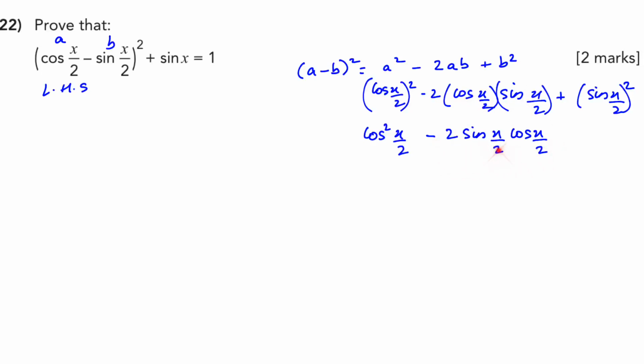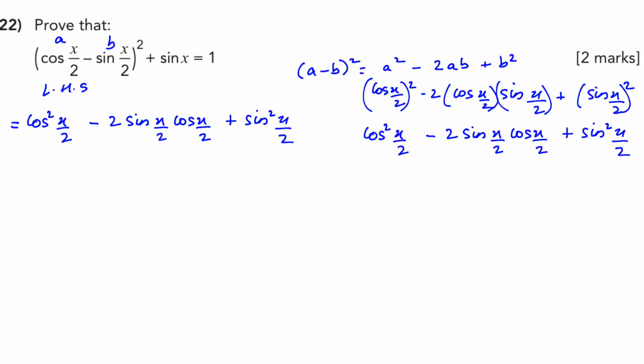So negative 2 sin x over 2 cos x over 2 plus sin square x over 2. Now this is what we are going to write here, plus sin x. This we'll use for writing the identity.